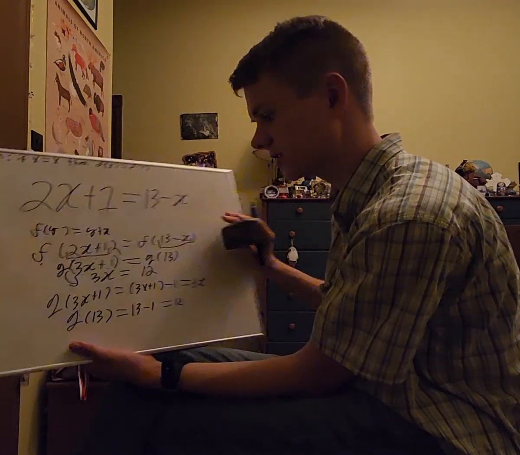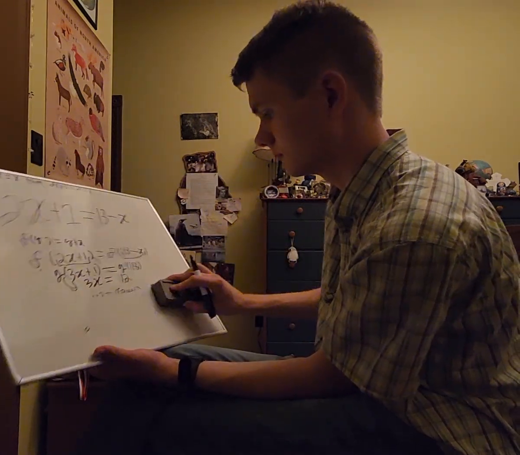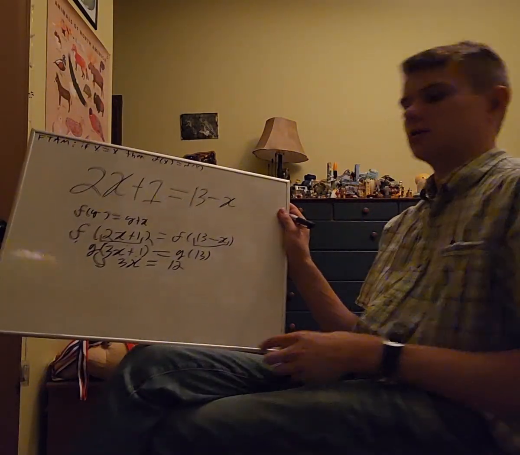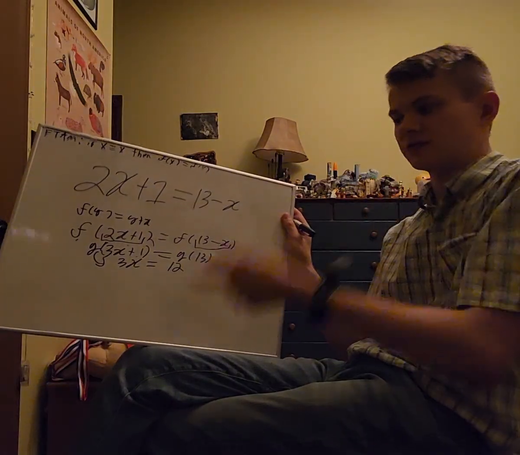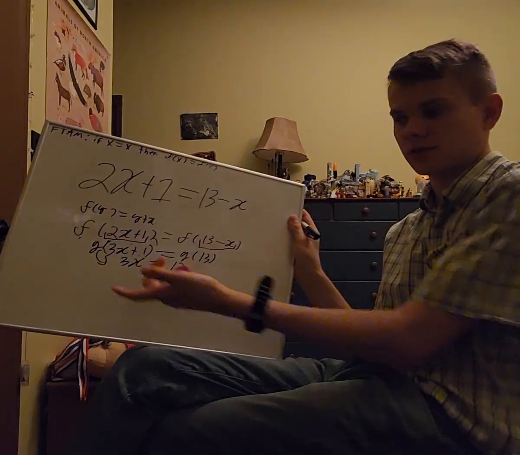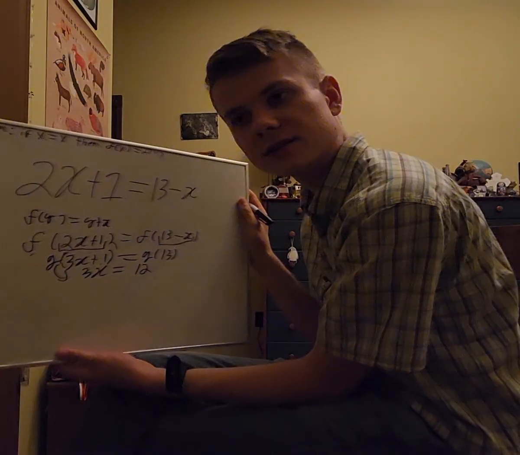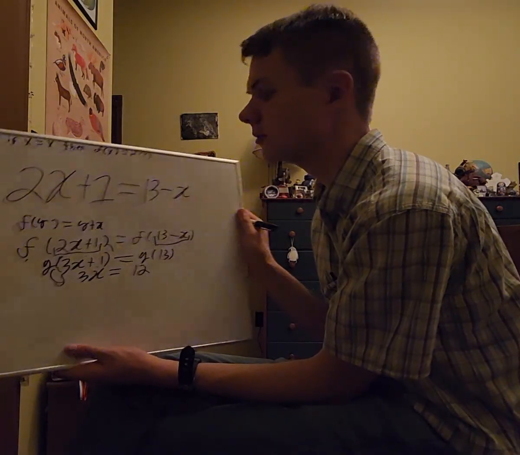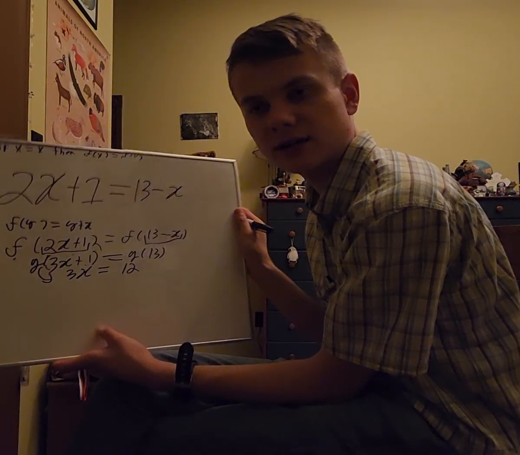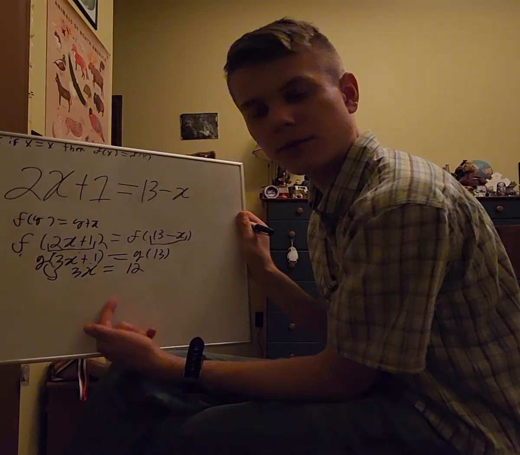Okay, we're almost done. The last thing we have to do is figure out what x is. Well, we know what 3x is, and hopefully you believe me that x is 4 because 3 times 4 is 12. But what function do we use? It'd be really nice if we convert 3x to x, and there's a trick: we could divide by 3.